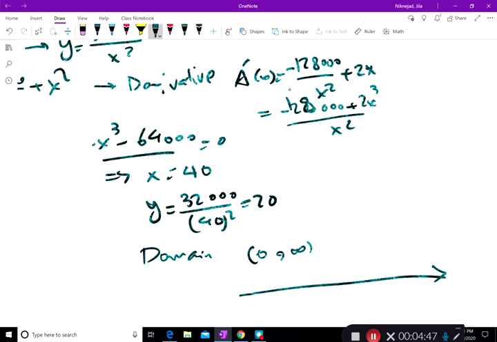First of all, you only have one critical number, and that helps. If within the domain you only have one critical number, then it's possible to say that the local min or local max is going to be the absolute min or absolute max.